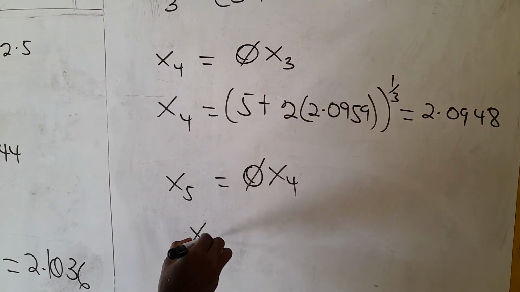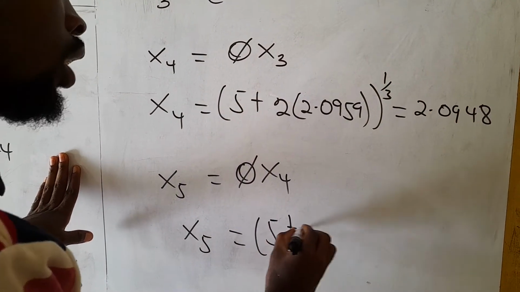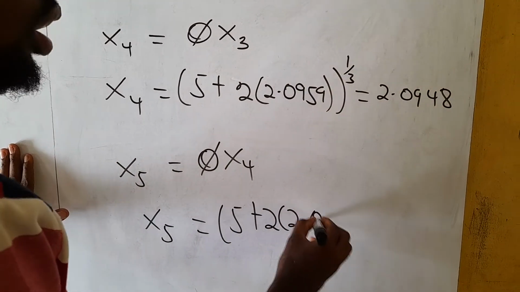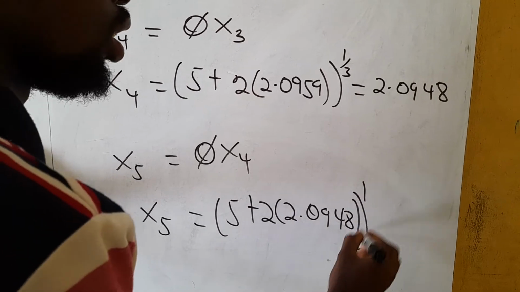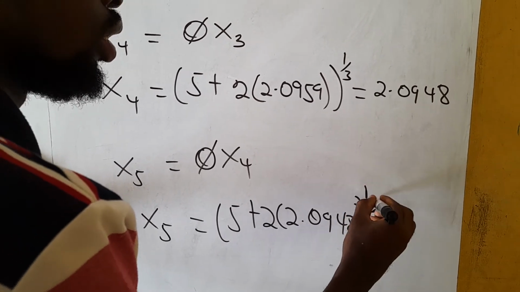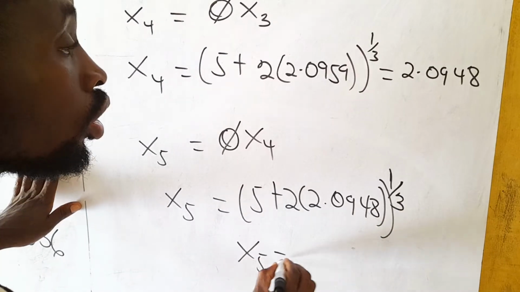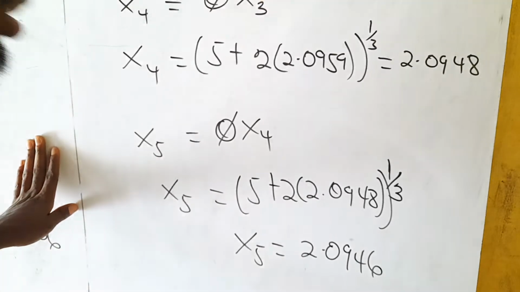We find x5. x5 will be equal to the substitution of x4 in place of x. This is an interesting one. x5 will be equal to (5 plus 2 times 2.0948) exponent 1/3. When we do that very well, we'll get our x5 to be 2.0946.